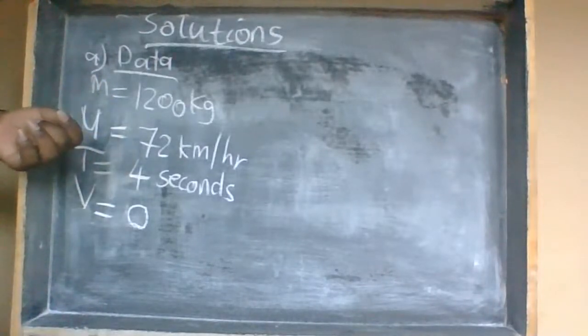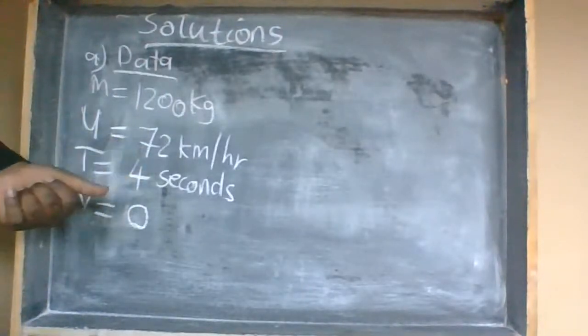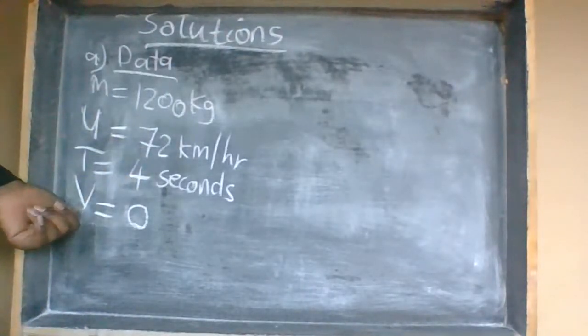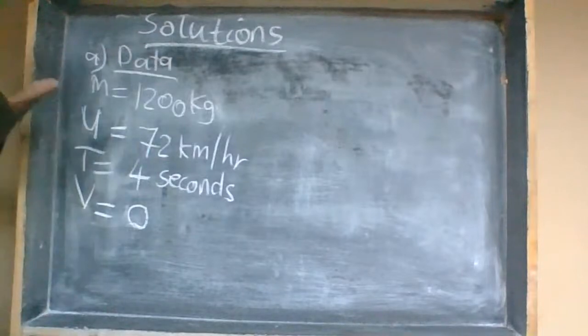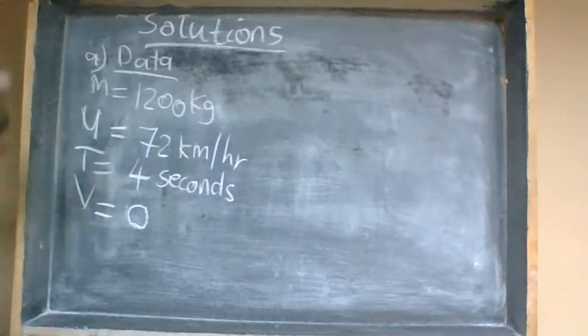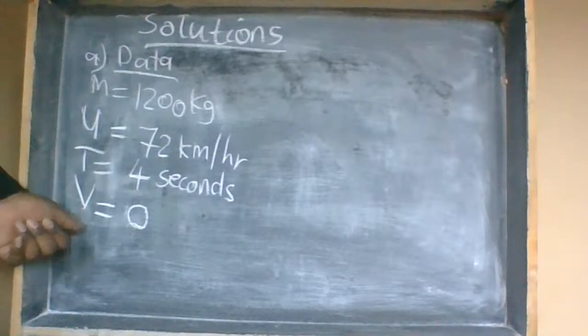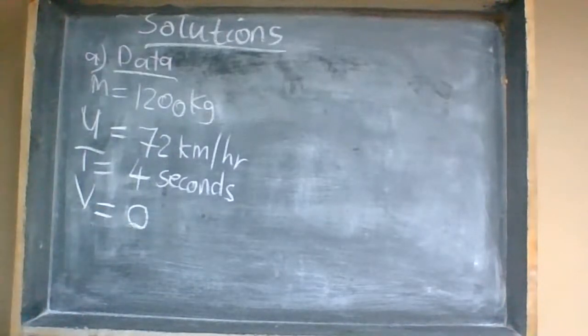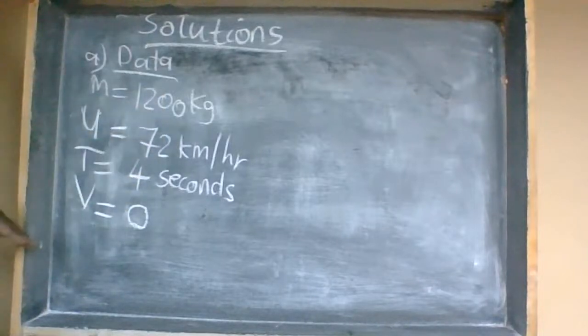Always, that which comes later after the first given velocity becomes your final velocity. So in this case, the car was moving at 72 kilometers per hour. That is our initial velocity. Then finally, it was brought to rest. That is our final velocity, which is 0. So this is our data. We have collected our data like that.